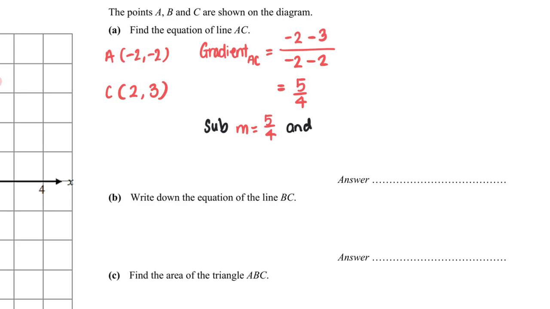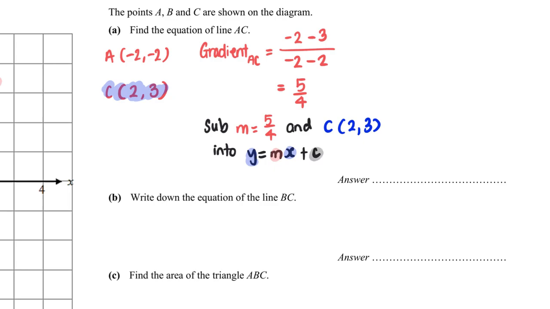So in this case, I'm going to substitute point C, because all are positive values, into y equals to mx plus c. This will allow us to find our c.